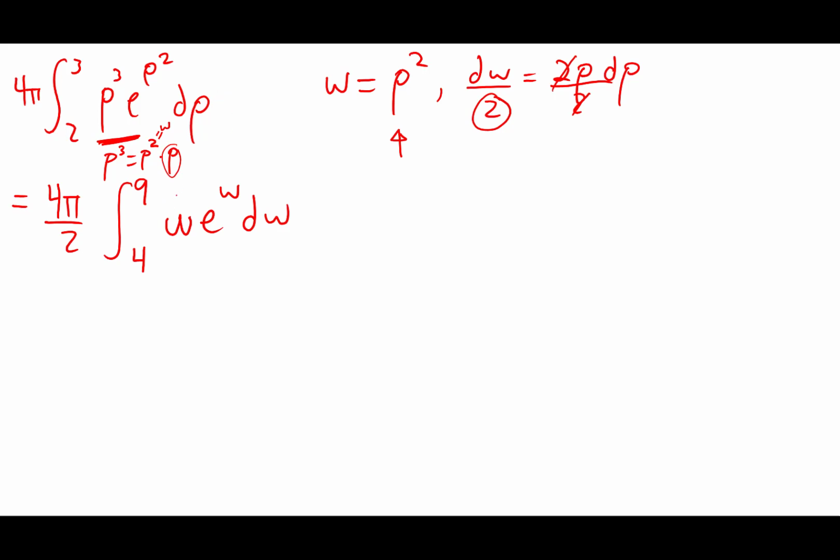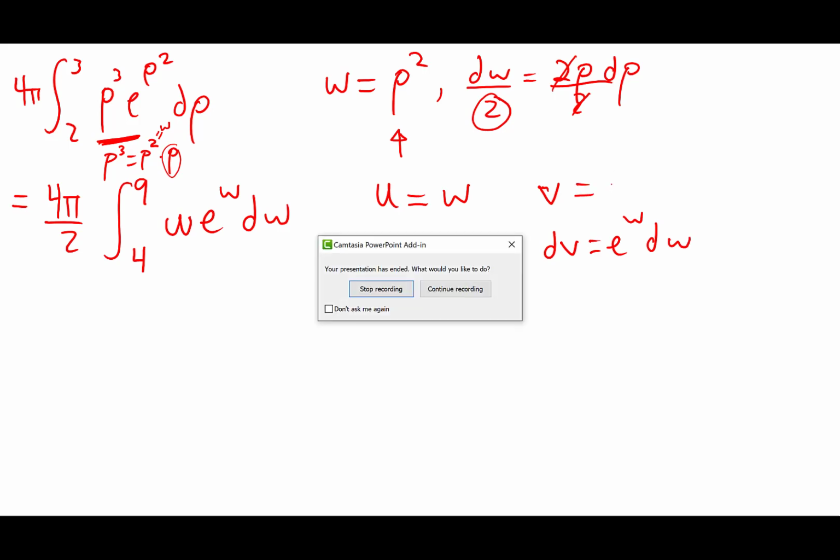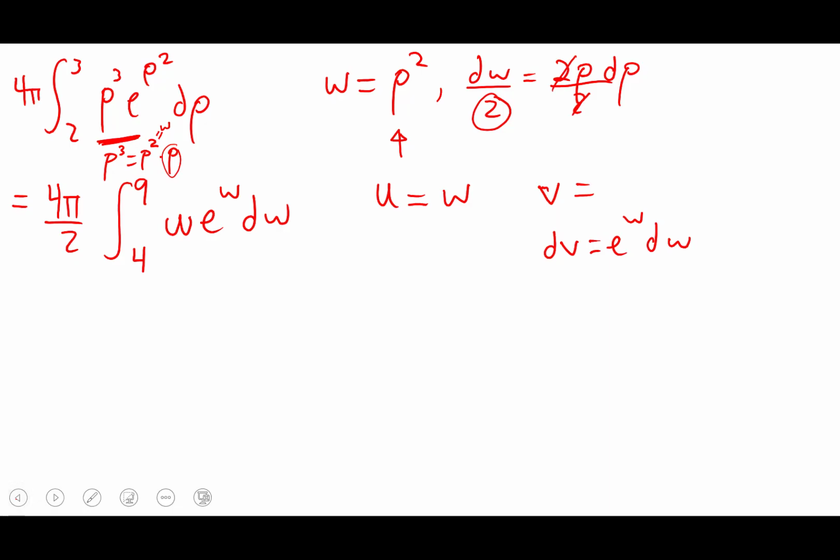Now, how do we integrate something like this? Remember, we have integration by parts, and this is why I didn't want to use u earlier. So we let u be w, and dv be e to the w dw. Then v is the integral of e to the w, which is just e to the w, and du is dw.